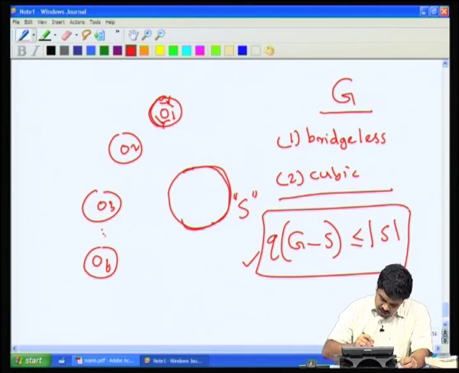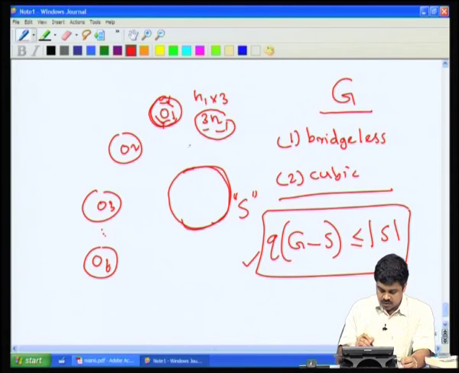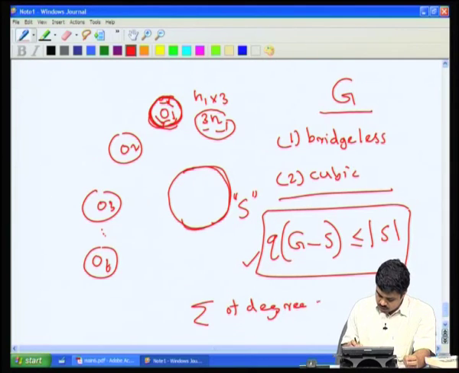So, what is the sum of degrees here? Suppose there were n1 vertices here. Then n1 times 3 is the sum of degrees. But 3 is an odd number and n1 is also an odd number, so this has to be an odd number. What is the sum of degrees for the induced subgraph here? It is always an even number, because the sum of degrees is equal to 2 times the number of edges in the graph.